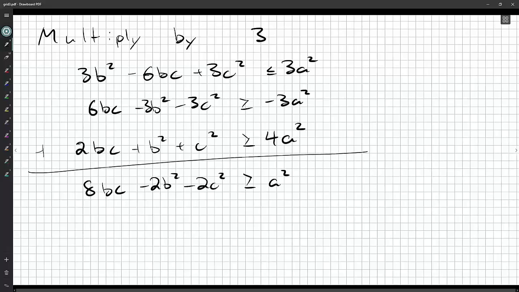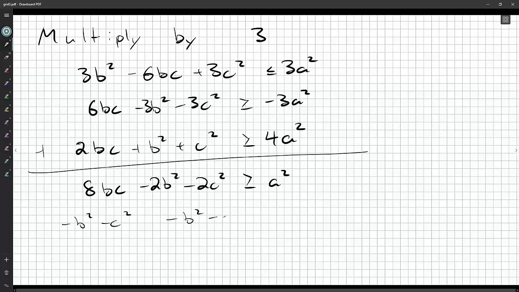Plus, what could we do? What could we do? I've got too many b squareds and c squareds, so let's keep a b squared and a c squared away.